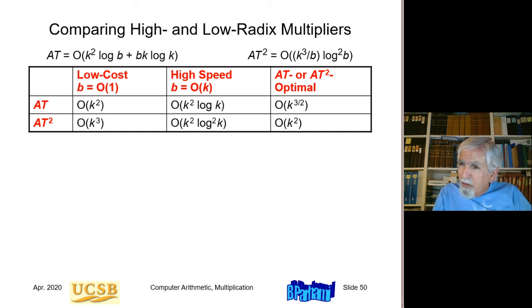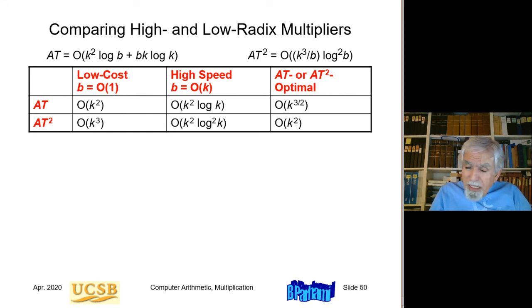And the last column is the optimal values that we discussed in the previous slide. So you see AT is smaller for low-cost, low-radix multipliers compared with high-radix multipliers.